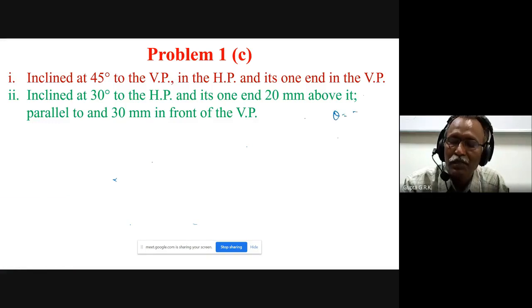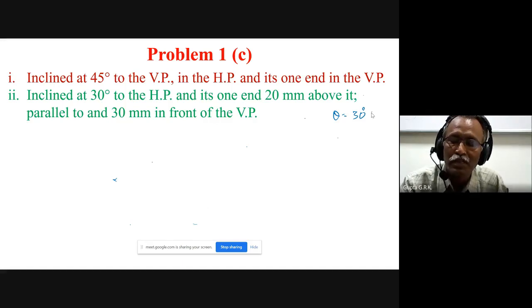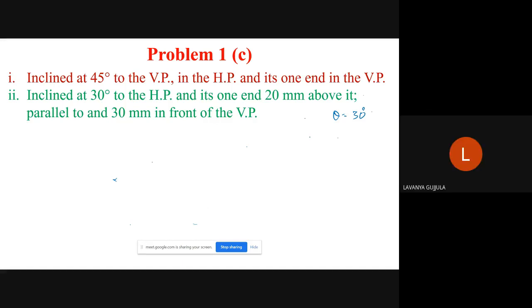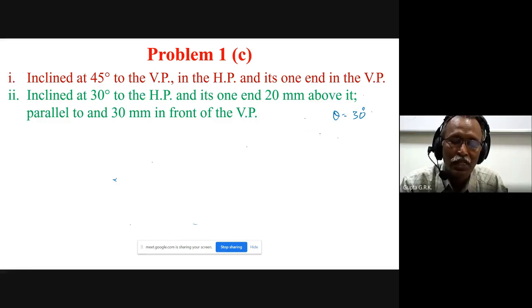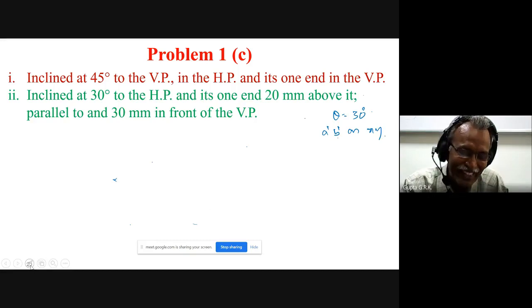Theta equal to 30 degrees. Inclined to the HP means front view is inclined. Front view is in XY. And its one end in, is it the same? Okay, sorry. I am seeing first problem and second problem both.